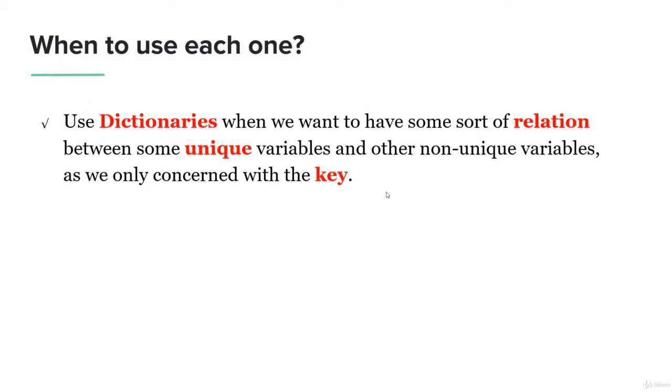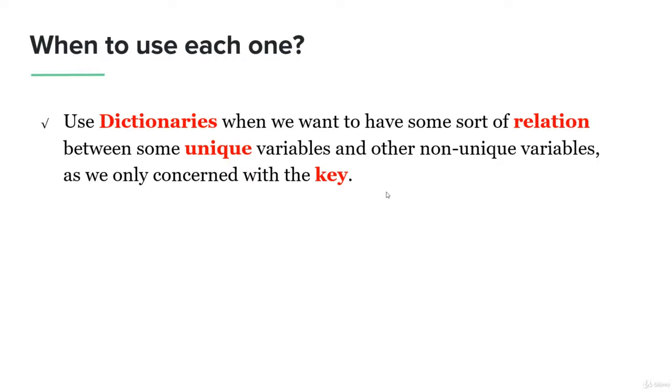Now for the dictionary, we use the dictionary when we have some sort of relationship. We have some kind of relation between some unique variables, right? Because we said that the keys need to be unique, and the other non-unique variables.